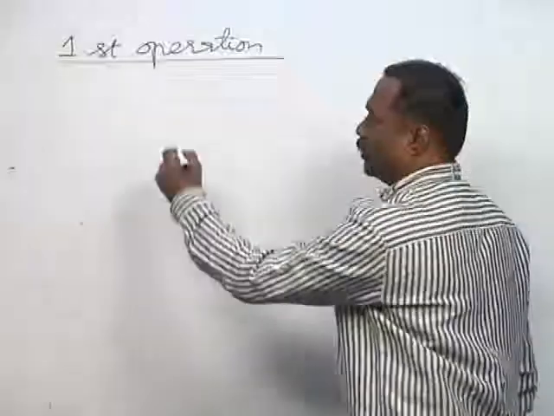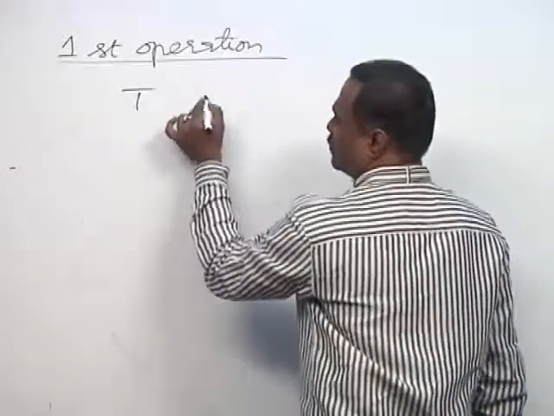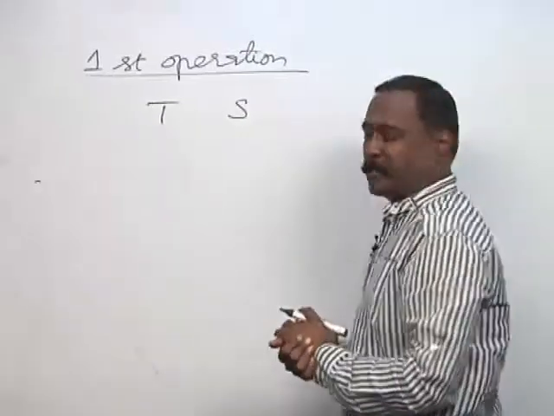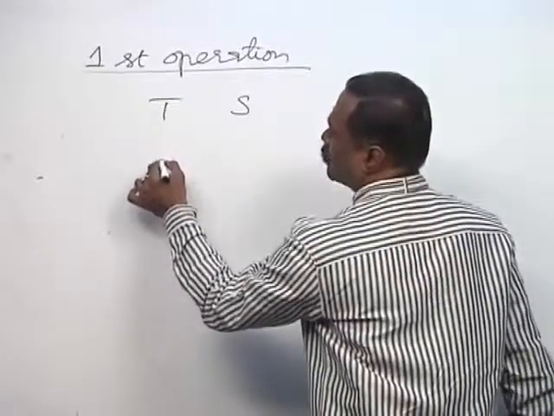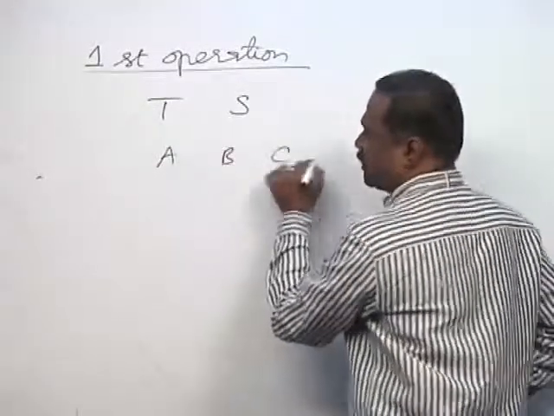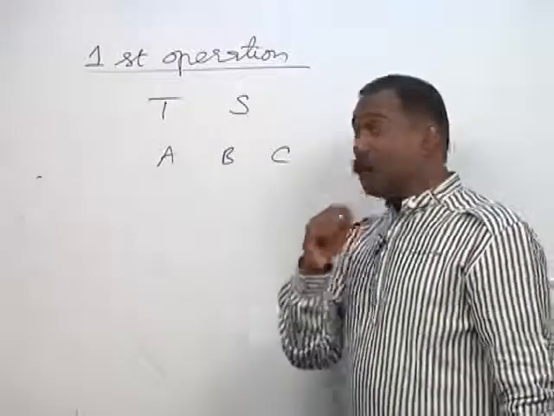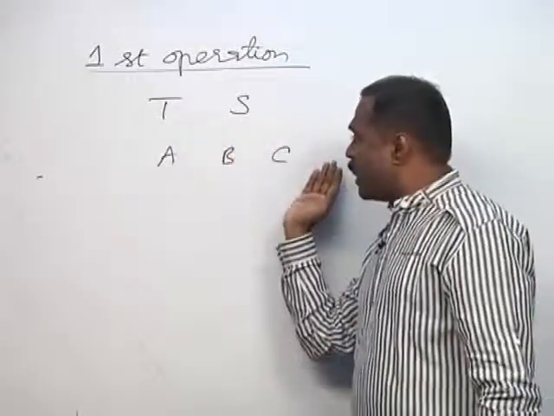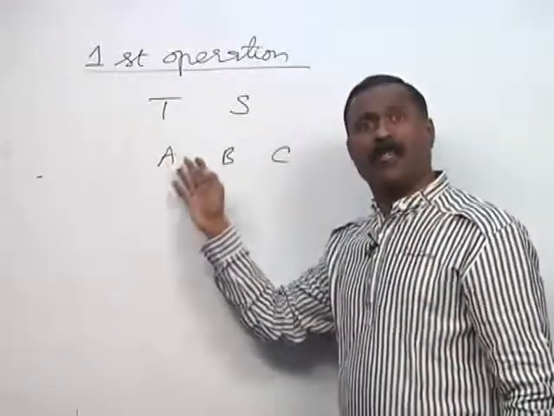Let me say tallest as T and shortest as S. Let us exclude these 2 persons from 5 persons. Then how many remaining persons will be there? A, B, C. Now this tallest and shortest should not be together, means they must be arranged among these 3 only.